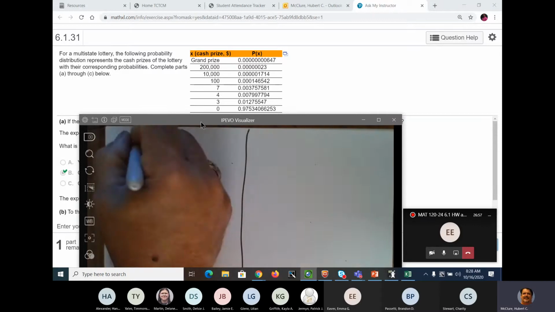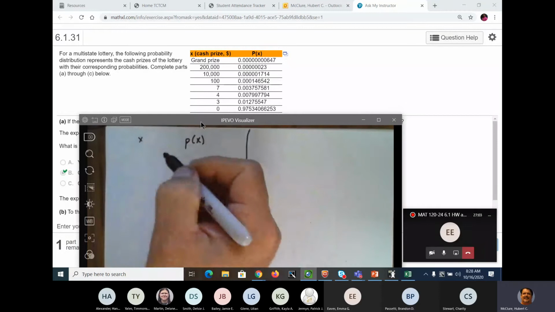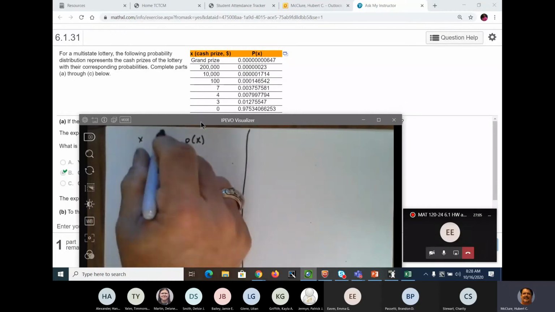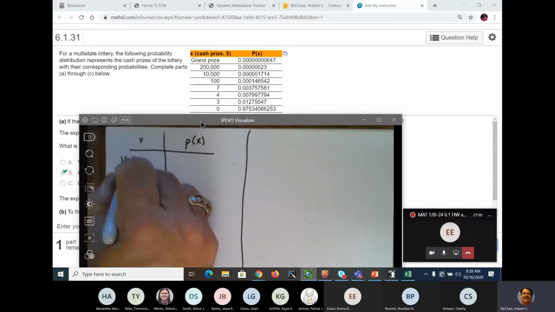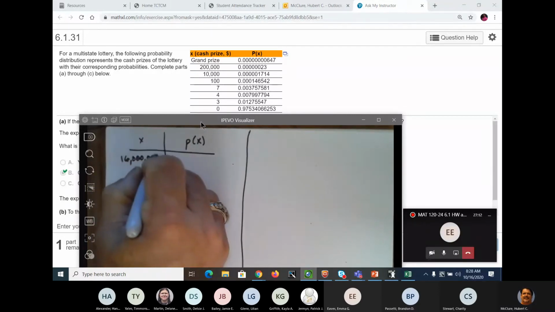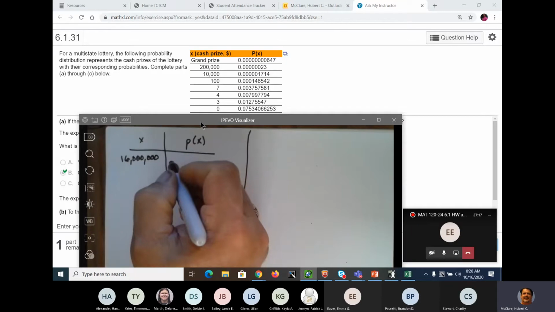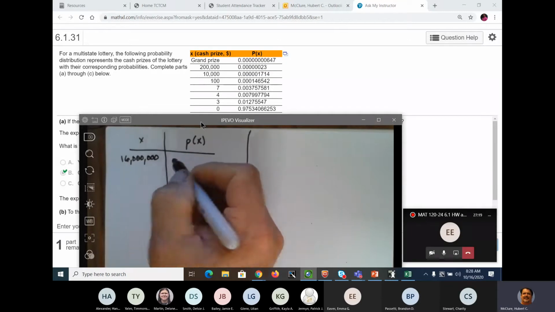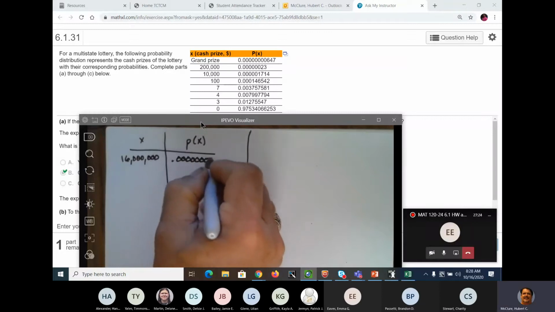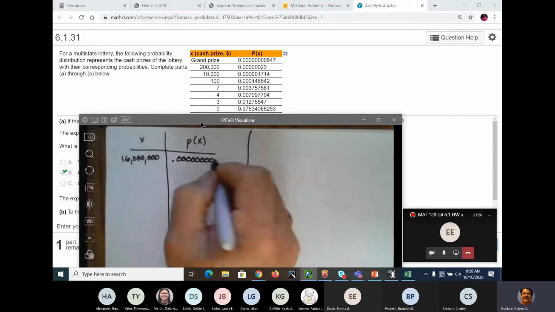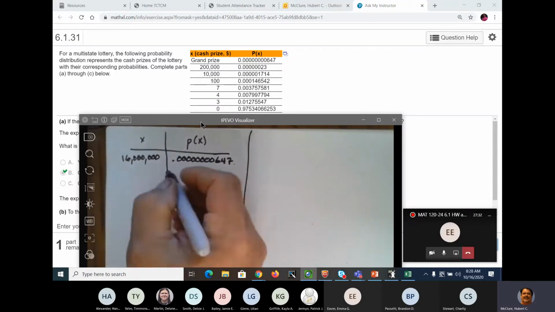So X and P of X, and I'm doing this for a reason. Okay, so 16 million, and good gracious, is that 8 zeros? 1, 2, 3. I believe it's 8. Y'all check me. Zeros start to run together after a few. 200,000.